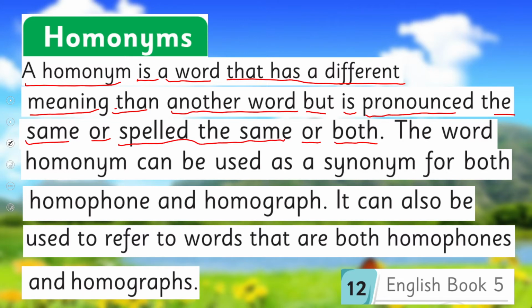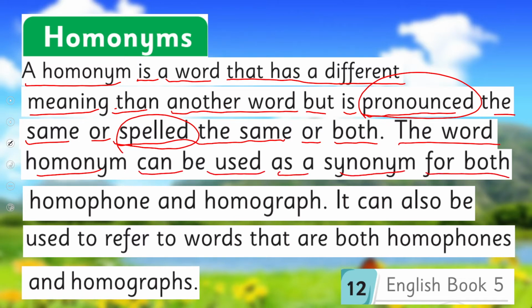Means maybe it is pronounced the same way the other word is or spelled the same way, and sometimes both. The word homonym can be used as a synonym for both homophones and homographs, as I told you, because these two are the subsections of homonyms.